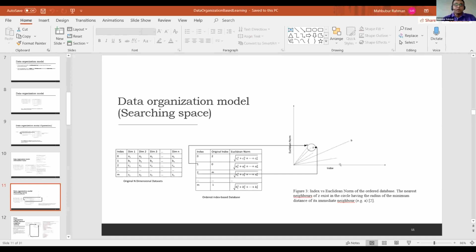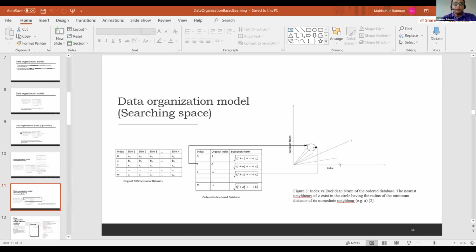So if we plot this index and Euclidean norm from the ordered index based database, we can see some of the similar concepts. I mean, we can then search for a nearest neighbor that exists in the circle having the radius of the minimum distance of its immediate neighbor.